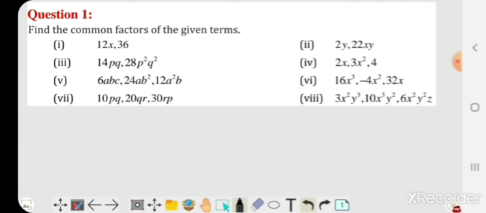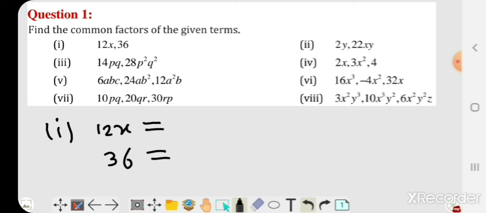So as always, first question, 12x and 36. These two expressions are given to us. These two terms are with us and we have to find common factors. At first we will find simple factors and here we will find prime factors, so that it will be easy to notice which are same. Okay, always try to find prime factors only.